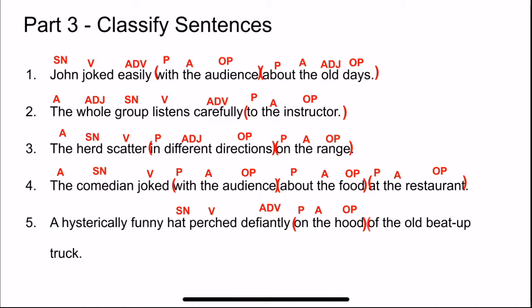Of the old beat-up truck, prepositional phrase. Of, preposition. Of what? Truck, object of the preposition. What kind of truck? Beat-up, adjective. What kind of truck? Old, adjective. The article, adjective. What kind of hat? Funny, adjective. How funny? Hysterically, adverb. A, article, adjective.